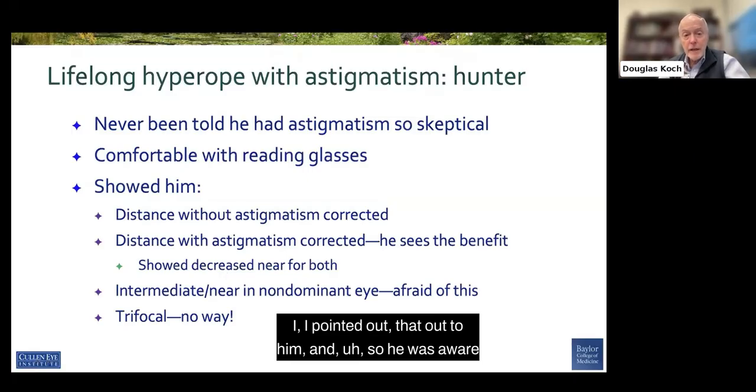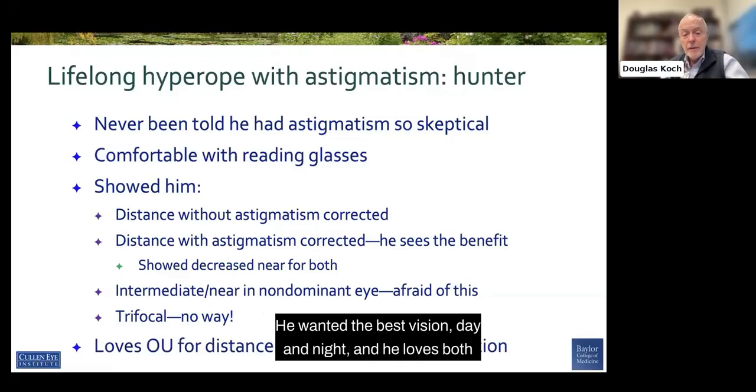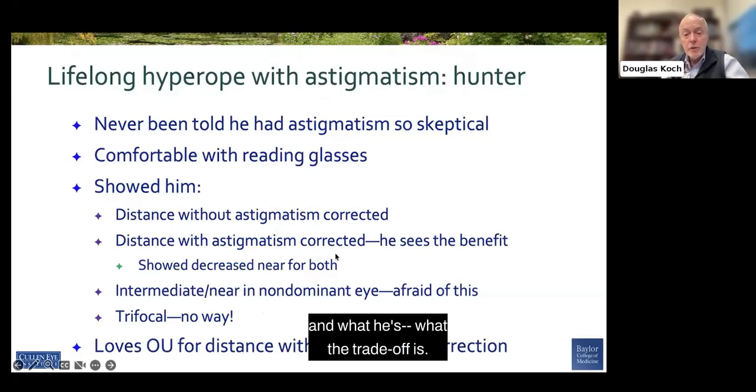I pointed that out to him, so he was aware of that, but he loved the distance vision he saw. He was just concerned that he wouldn't like the intermediate, didn't want to do a trifocal. He wanted the best vision day and night, and he loves both eyes with distance, with astigmatism corrected. So the benefit for this patient was educating him about the astigmatism, about the distance correction, and what the trade-off is.